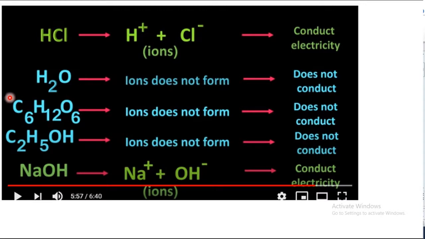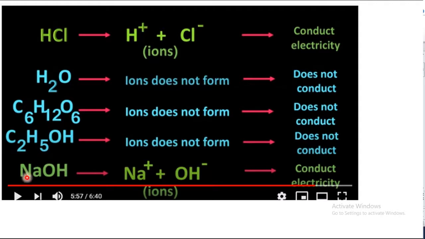This is glucose solution, which doesn't conduct because ions don't form in that solution. In the same way, C2H5OH, that is alcohol, doesn't conduct because ions do not form.